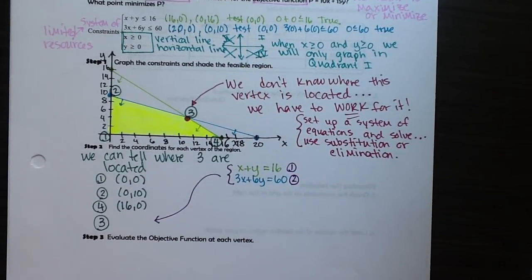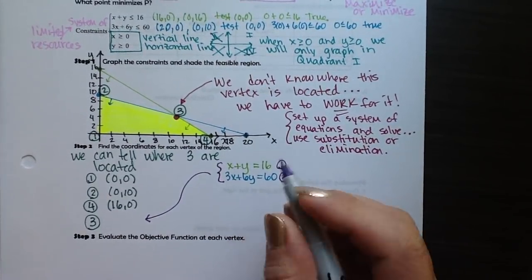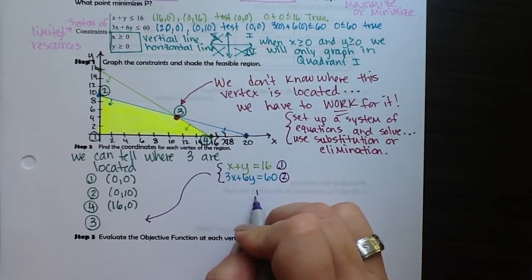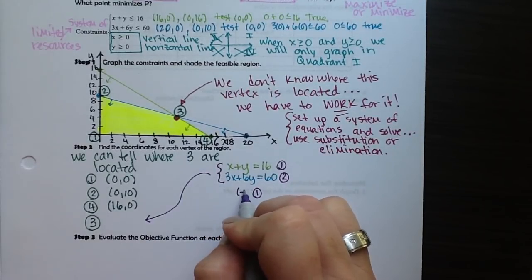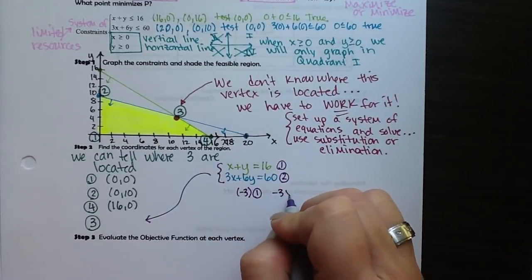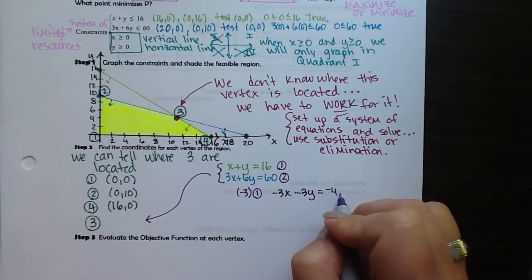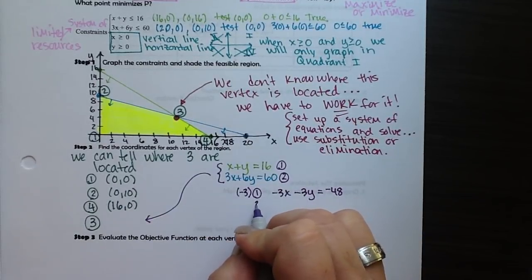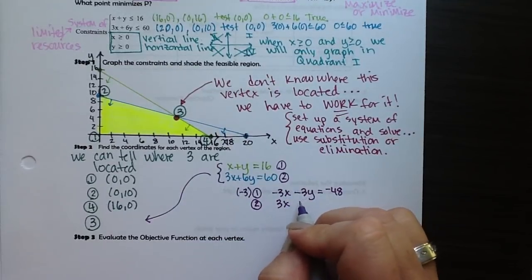I think that I am going to use elimination to solve this. So I'm going to take equation 1 and multiply it by -3 so I can eliminate the x's. So that'll be -3x minus 3y equals -48. And then I won't do anything to equation 2 because those x's will cancel.